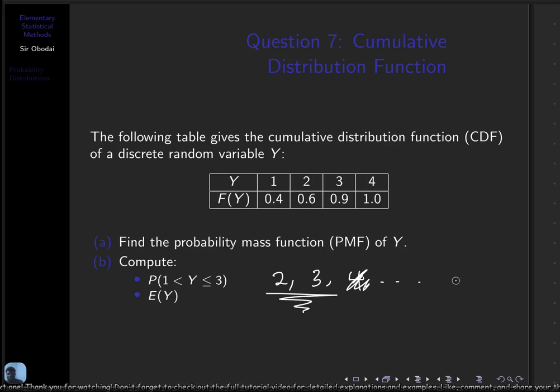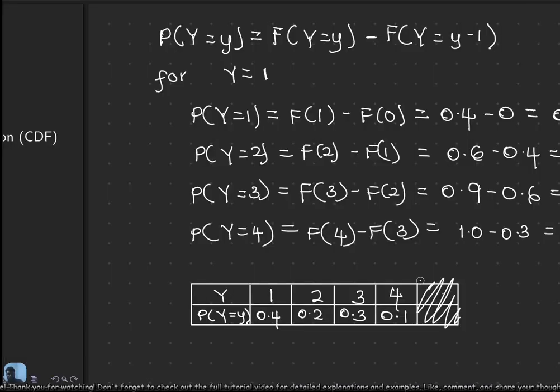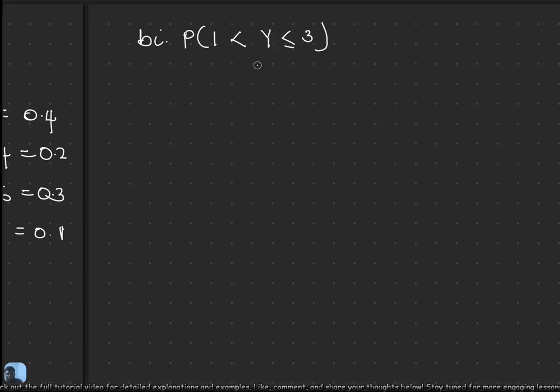All right, so solving for this, let me create a new page. We are then going to get the probability mass function. So the probability of a random variable satisfying this over here.